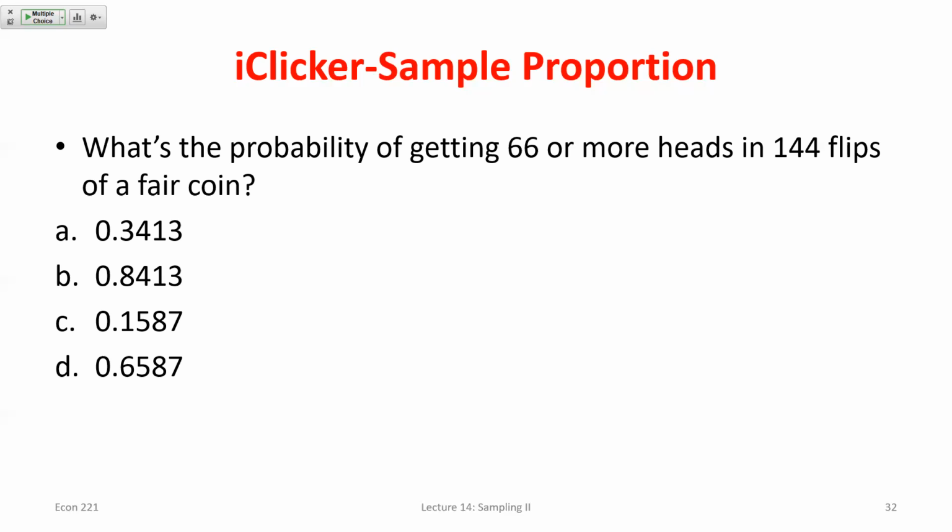So 0.5 times 1 minus 0.5 divided by my sample size of 144. This is how I'm coming up with that Z-score for my sample proportion. If I do this, what did anyone get here? Should be approximately -1.